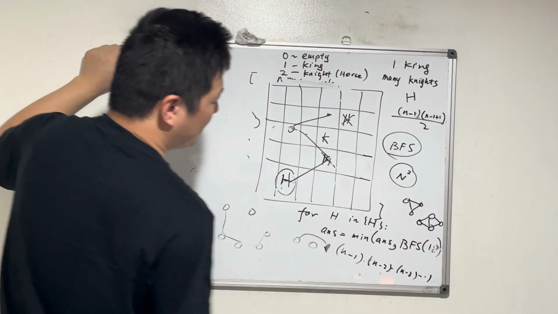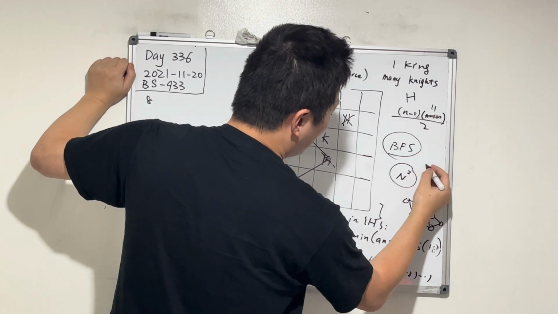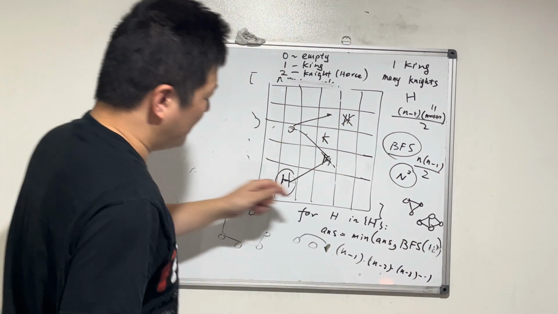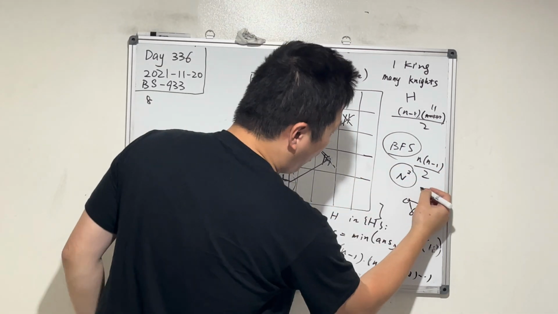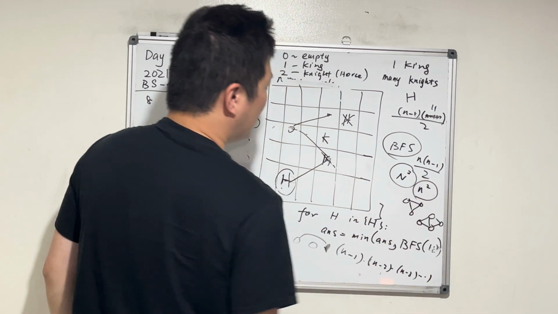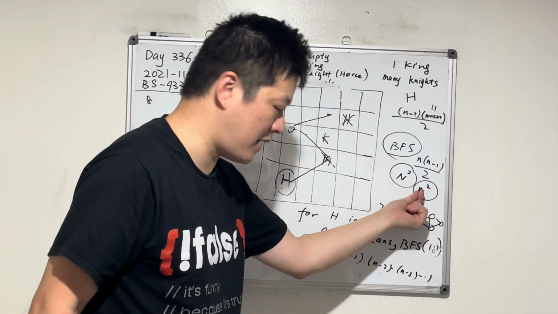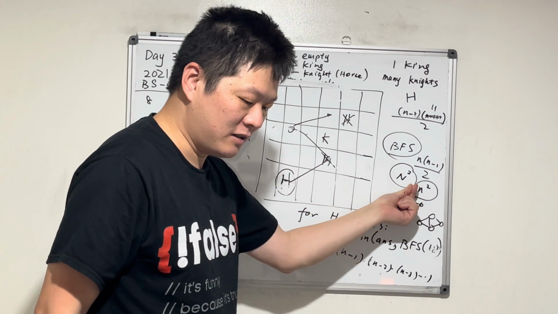This is the number of possible edges, which is in the order of n square. If there are n cells, n possible positions, there are n square edges.